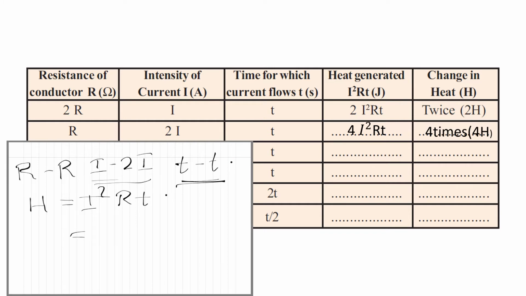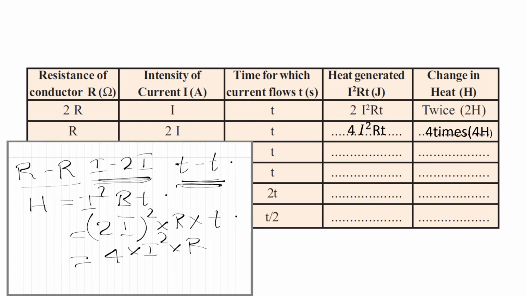Here the value of I changes to 2I, so we write 2I in the place of I. Then (2I) squared into R, with no change in the values of R and T. That is equal to 2 squared, 4, I squared into R into T, which is 4H. Then the heat generated is 4 I squared RT and the change in heat is 4 times.